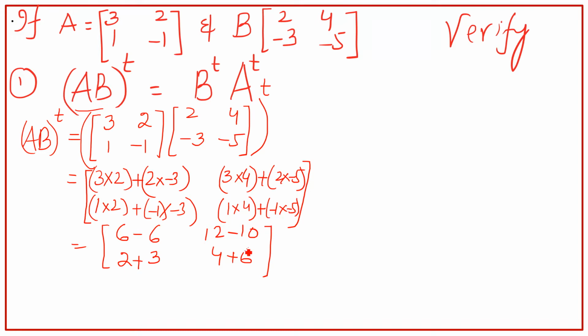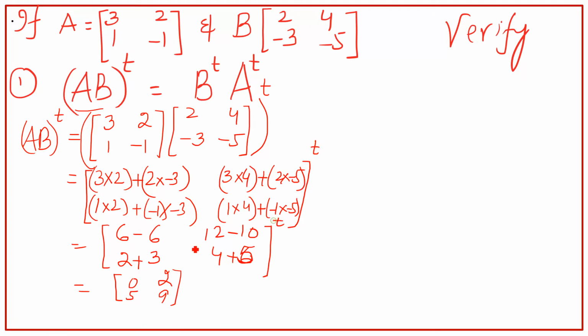Sorry, 5, 1 time 5. This is 5, not 6. So it is 0, 5. It will be -2. No, this is +2. 2 and 9. Please do not forget transpose here.